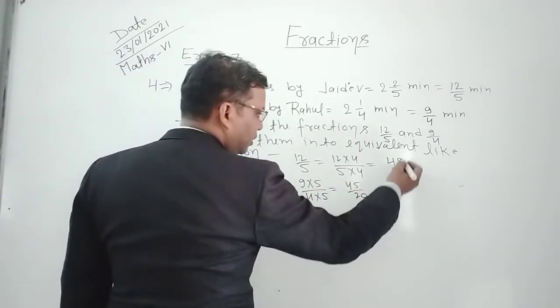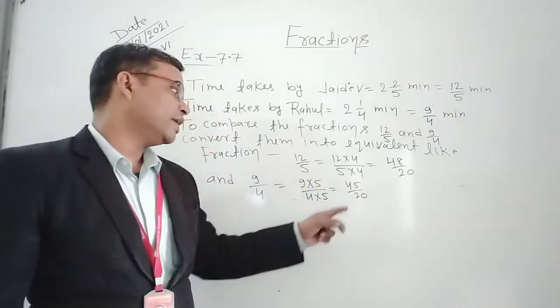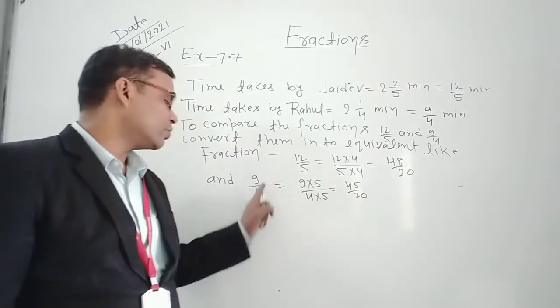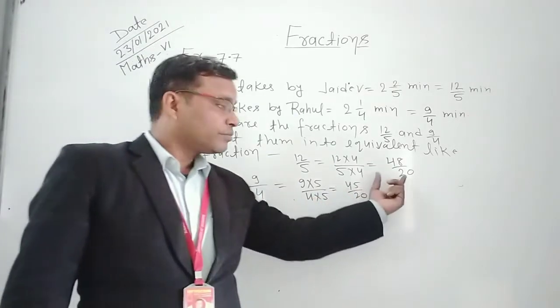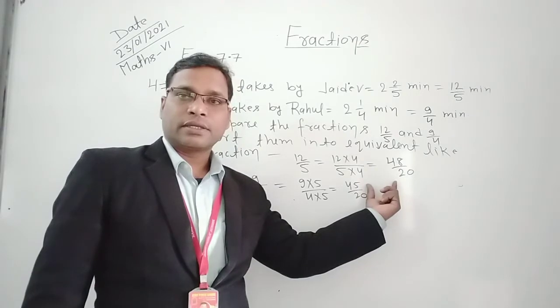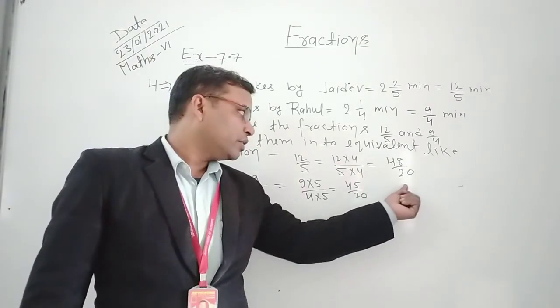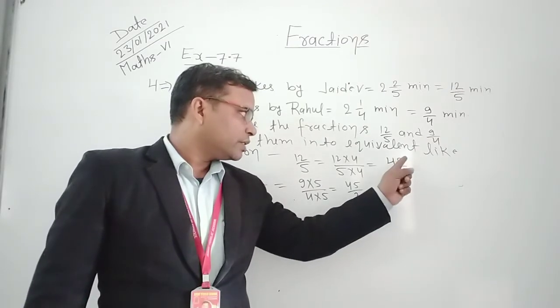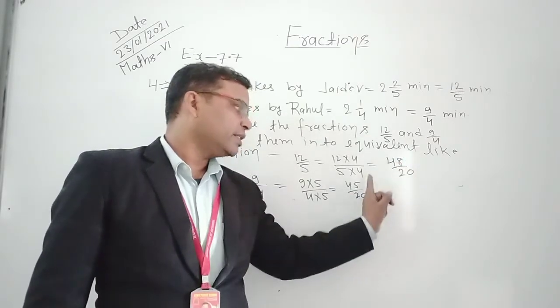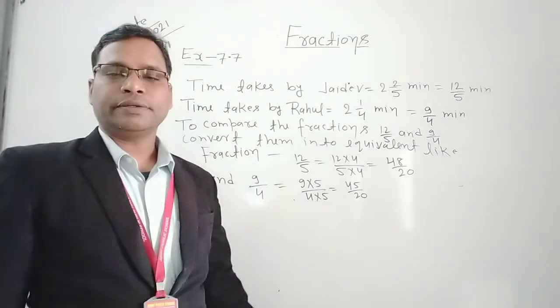So here you can see both fractions: 48 by 20, which is equal to 12 by 5, and 45 by 20, which is equal to 9 by 4. Both are equivalent like fractions, and both denominators are the same. So you can say this fraction is greater than this fraction.